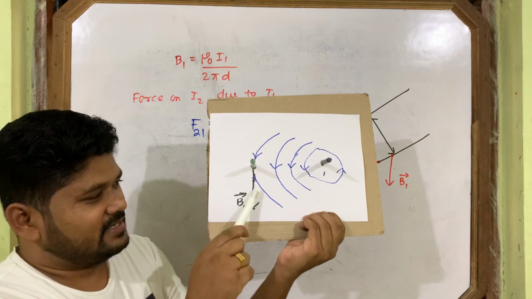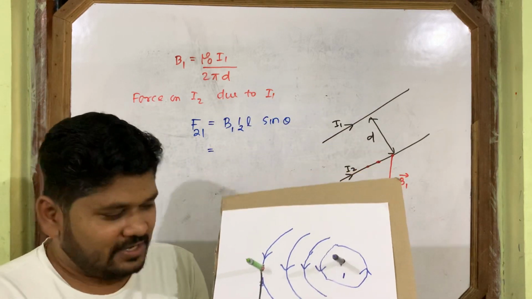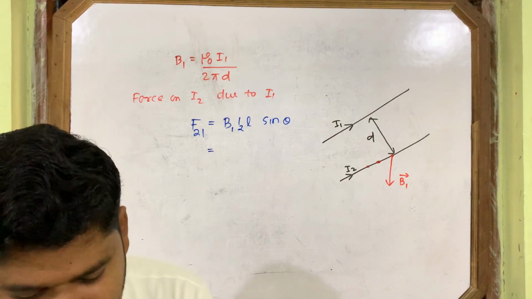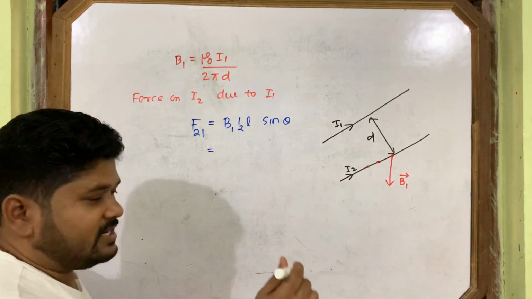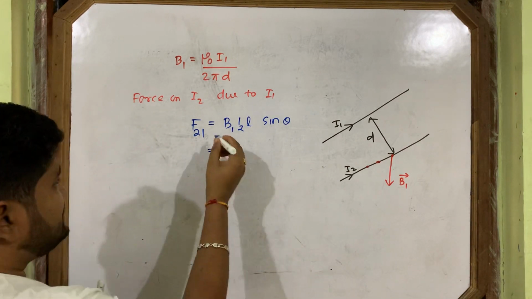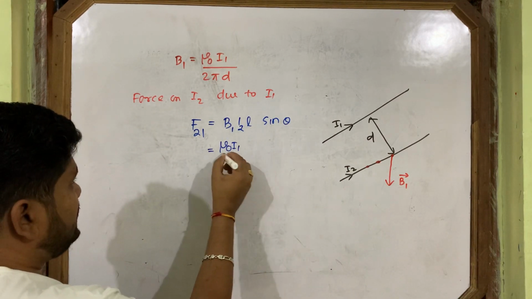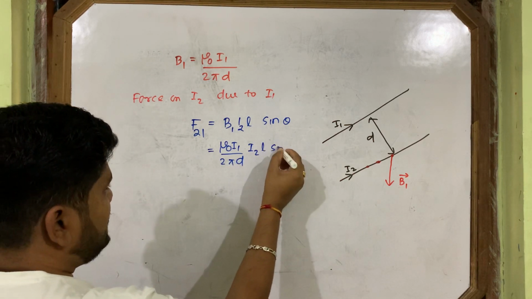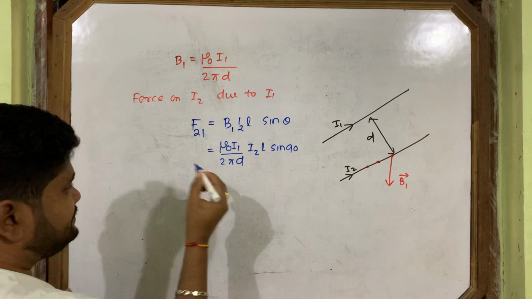How much is the angle? The angle here is 90 degrees. I know you could understand. So we'll put here the B1 expression: mu naught I1 by 2 pi d, then I2, then L, then sine 90.